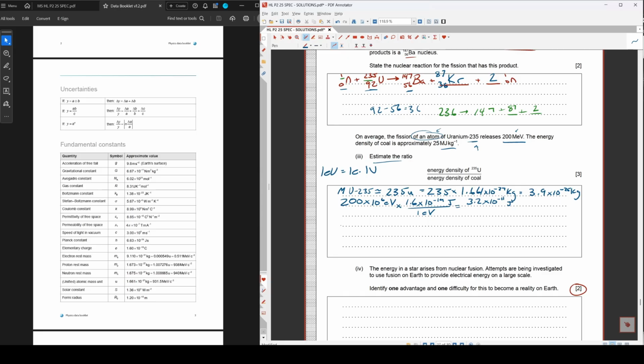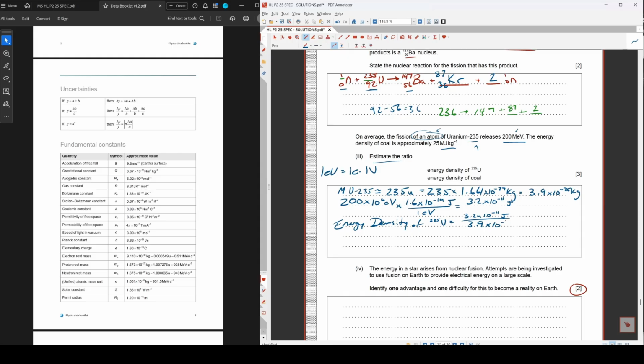Okay. So the energy density of uranium-235 then is this many joules over this many kilograms, 3.2 times 10 to the minus 11 joules over 3.9 times 10 to the minus 25 kilograms. I could probably really just do power 10 stuff here for an estimate, but let's plug in the numbers, see what we get.